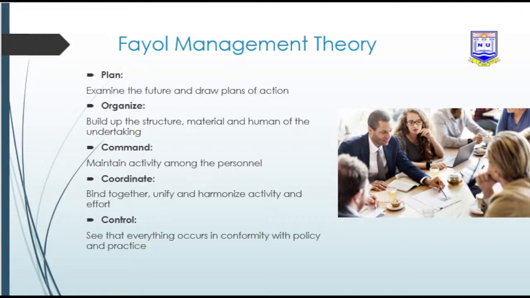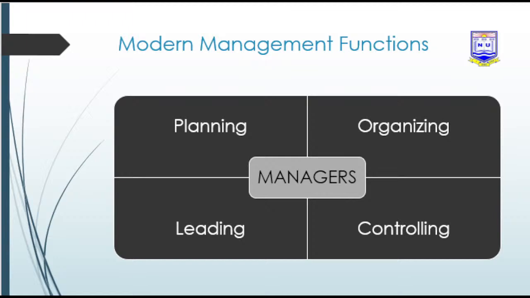Control looks at everything that happens within the company, ensuring conformity, and that they operate within the policies set and the practices that this organization works with. Otherwise, if you don't control these activities, many times the plan that you have might not fetch results.